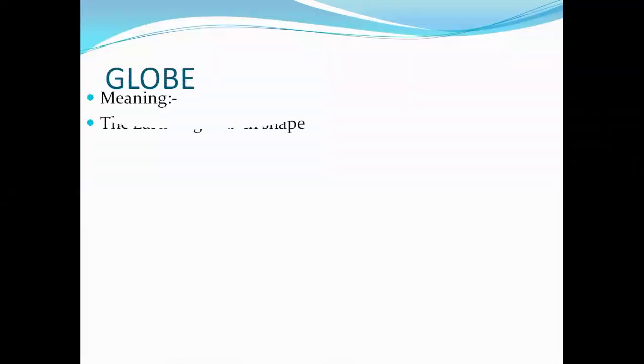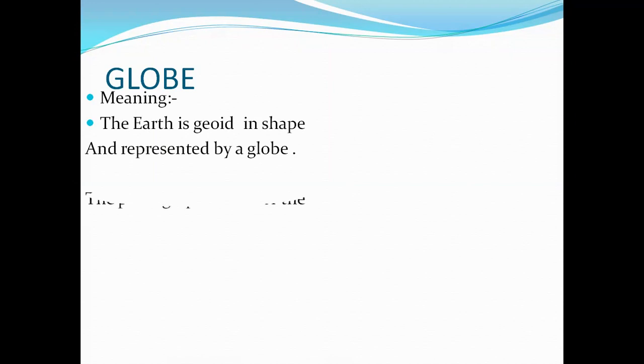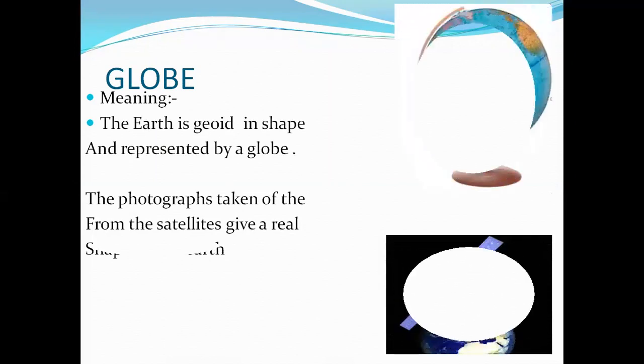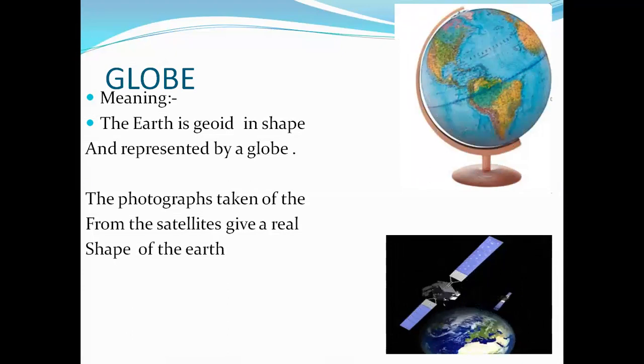First thing, children, the globe. What do you mean by globe? What is the shape of the globe? The earth is a geoid shape and it is represented by the globe. Photographs taken from the satellite give a real picture of the shape of the earth.